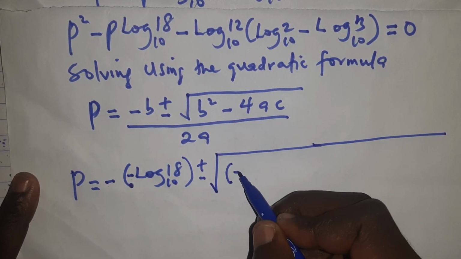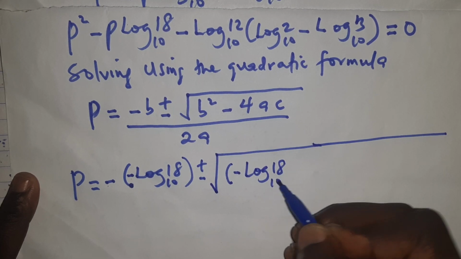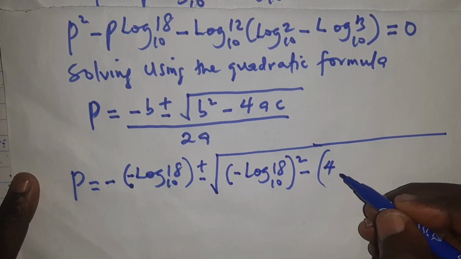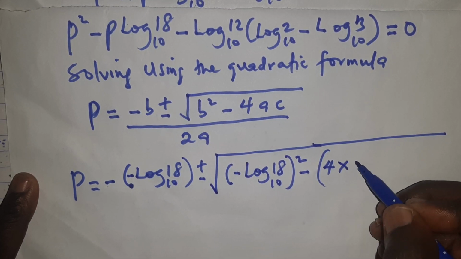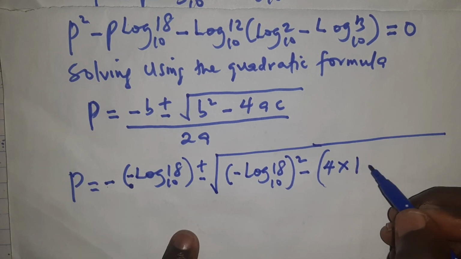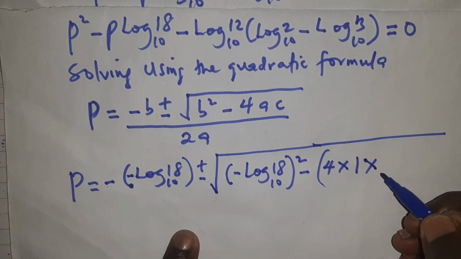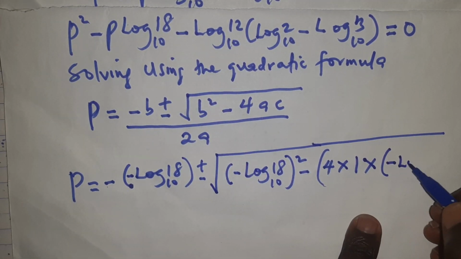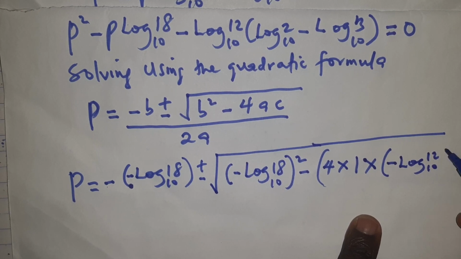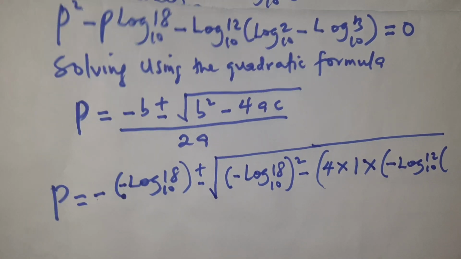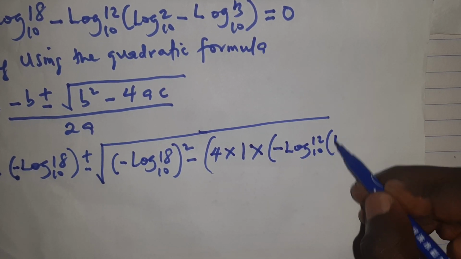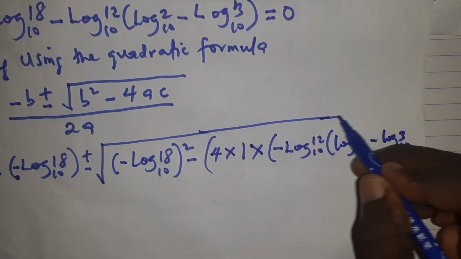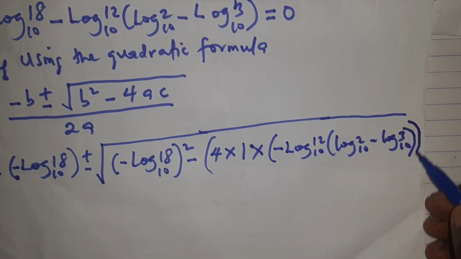Then this will now be minus log 18 base 10 squared minus, let me put these ones in bracket, 4 times 1 times, this is my c and it has a negative sign, so times minus log 12 base 10 open bracket, be careful there, log 2 base 10 minus log 3 base 10 close bracket, close bigger bracket.